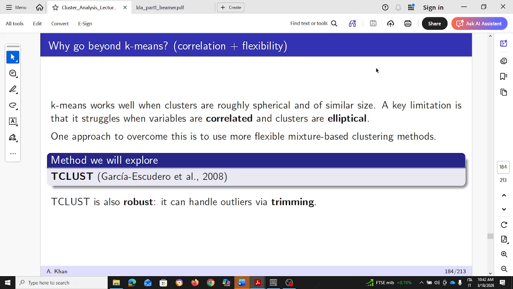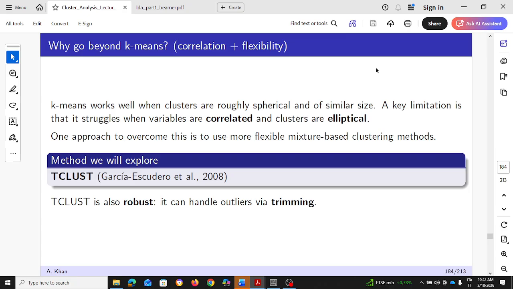So yesterday in the motivation, the motivation for going beyond k-means to some other algorithms was that k-means was expert and deals really well with Euclidean distances when we have spherical clusters.